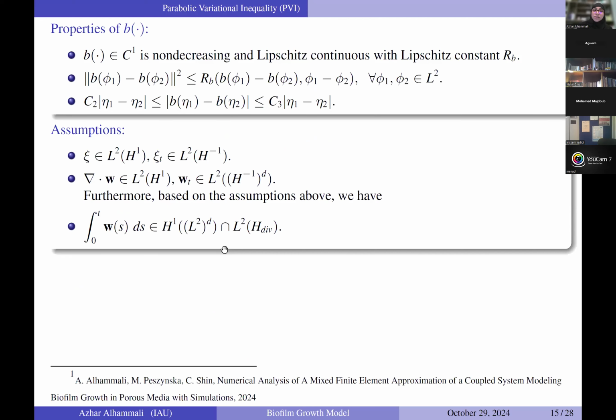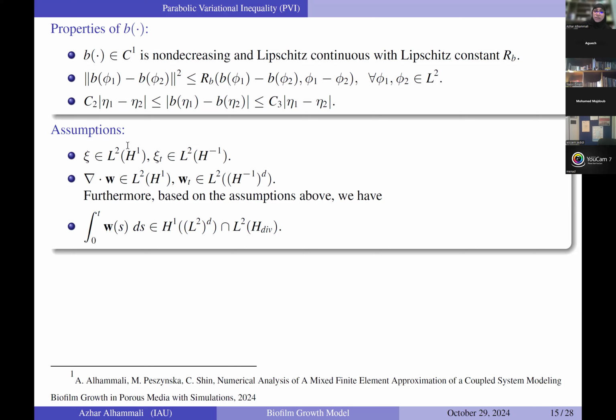Now we have some properties of the inverse of the Kirchhoff transformation B, which are so important in our analysis. B belongs to C1 and is a non-decreasing, Lipschitz continuous function, and satisfies these inequalities.